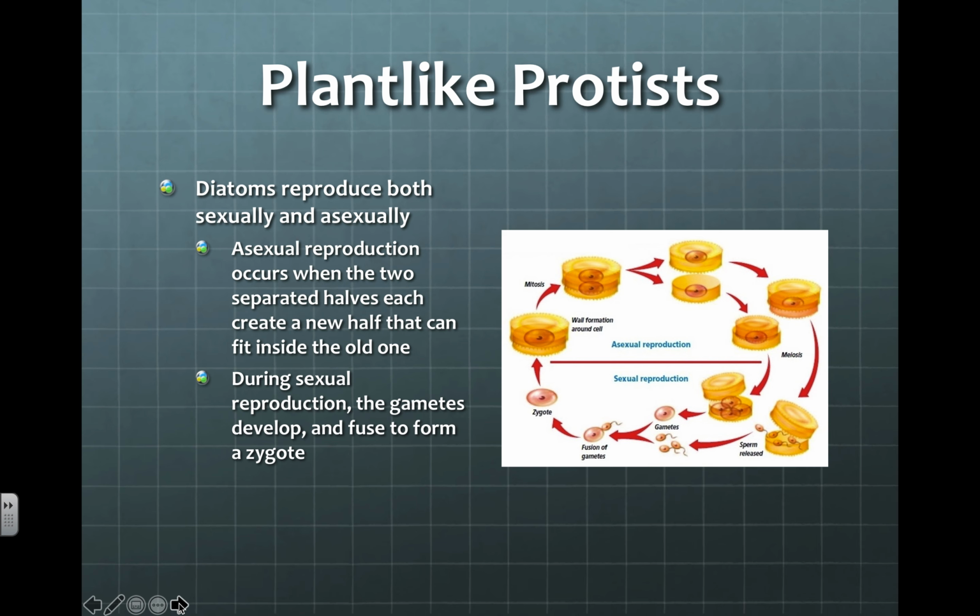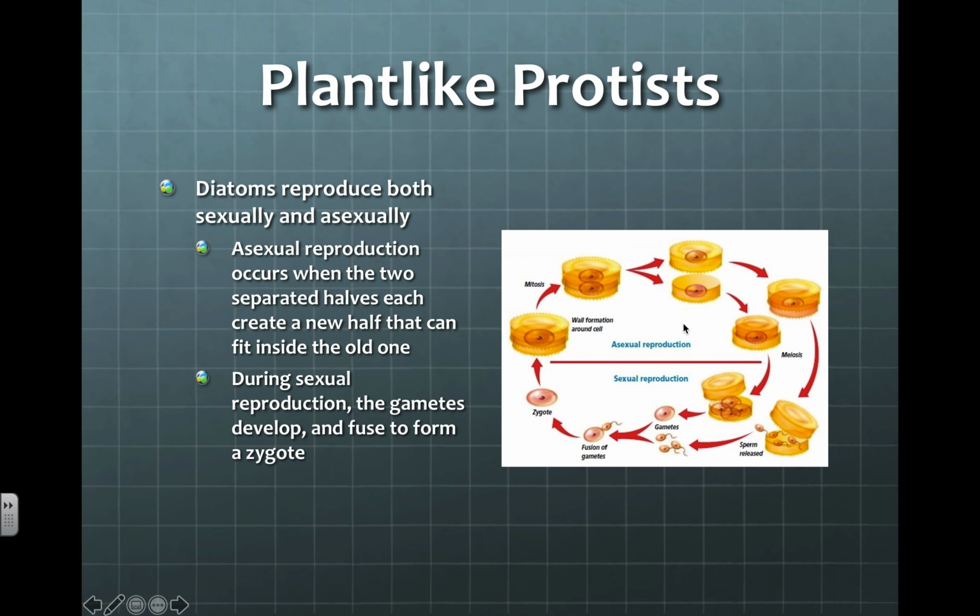Asexual reproduction occurs when the two separate halves create a new half. They just split and they create a new one, and one's going to fit inside the other one. Up here it shows you that you have the smaller portion fitting inside the lid or the taller portion. It undergoes mitosis and the two split, and you're going to end up with two individuals.